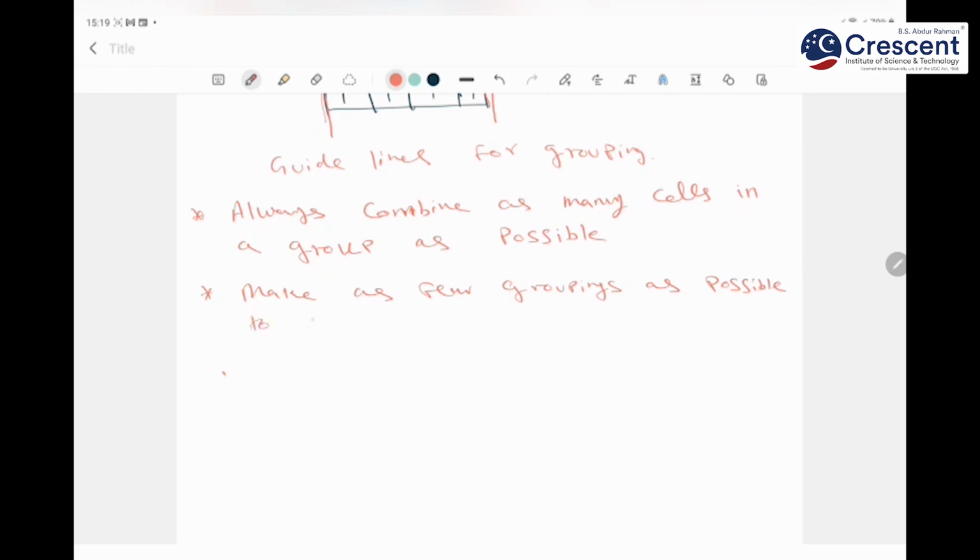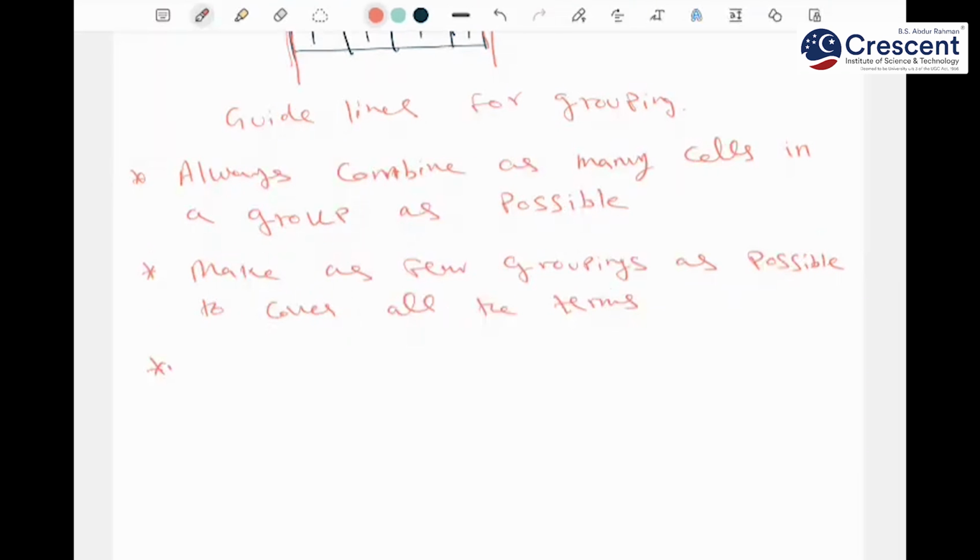The tip is to always begin with the largest group.